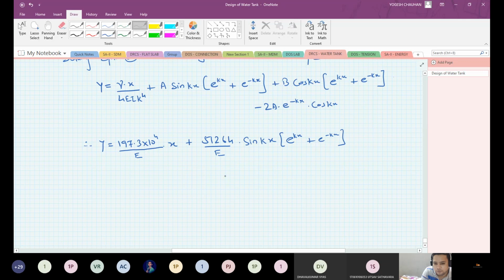Now substitute the value of b: 5887 divided by e into cos kx into e raised to the power kx plus e raised to the power minus kx, and the last term minus 2 into a, the value of a, 51264 divided by e.